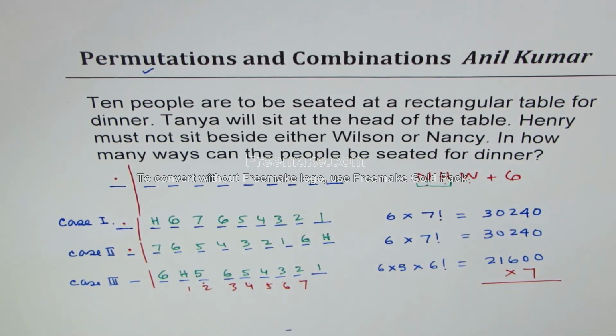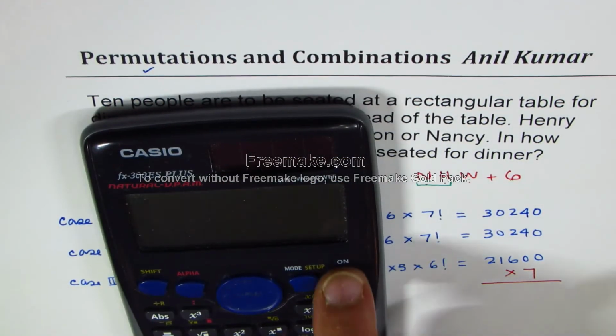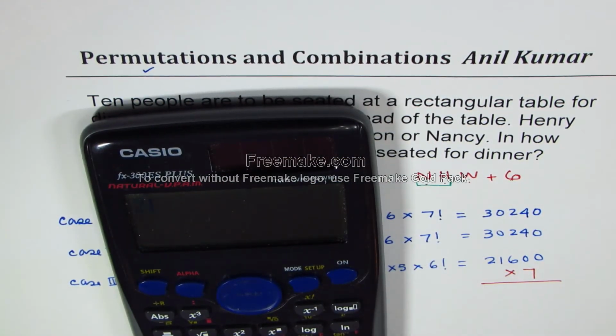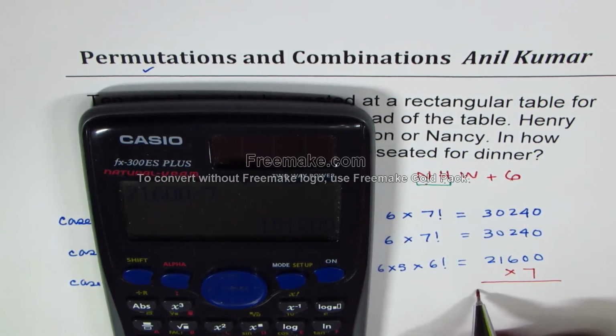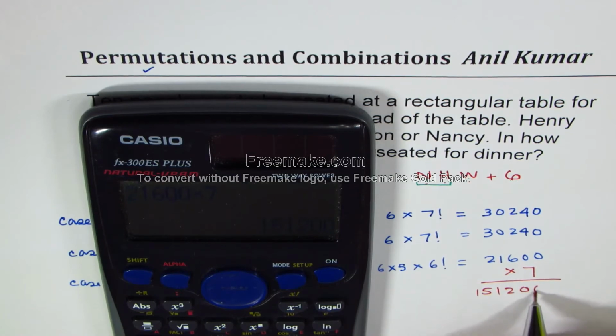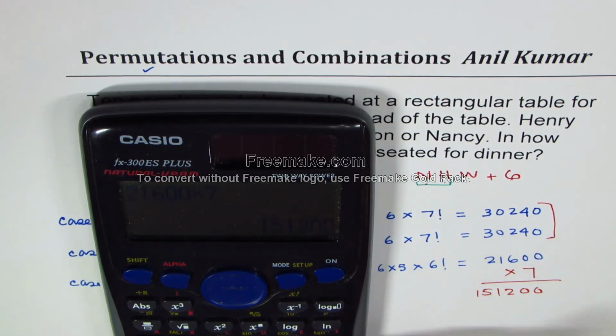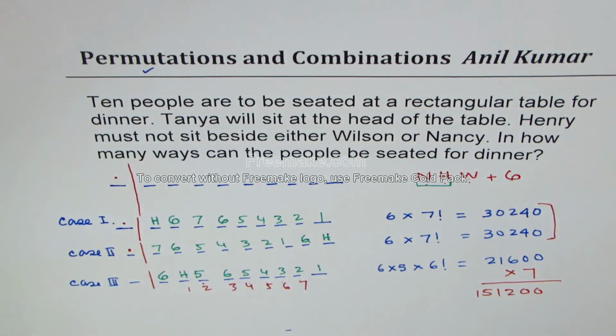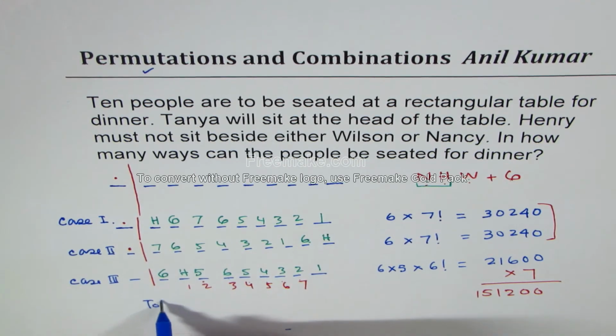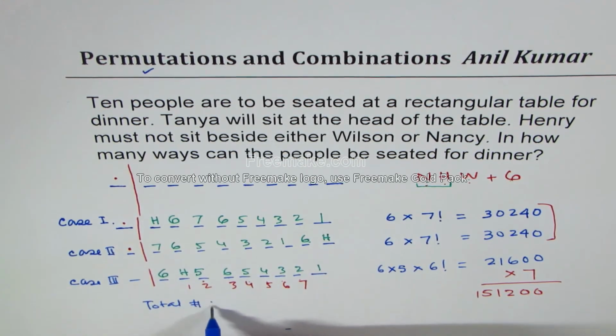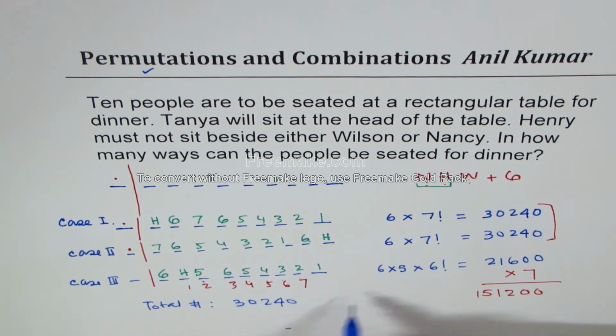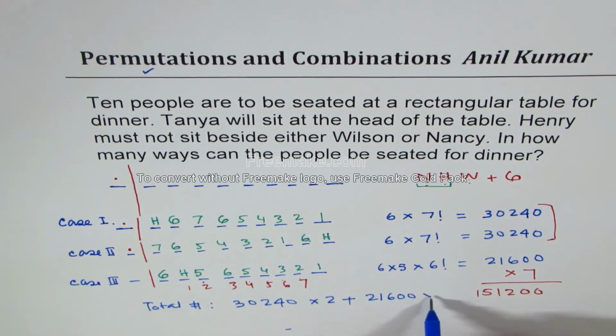So let's do it. We have 21,600 times 7, which equals 151,200, and we already have these two, so let's add them all, right? So total number of combinations are 30240 times 2 plus 21,600 times 7.